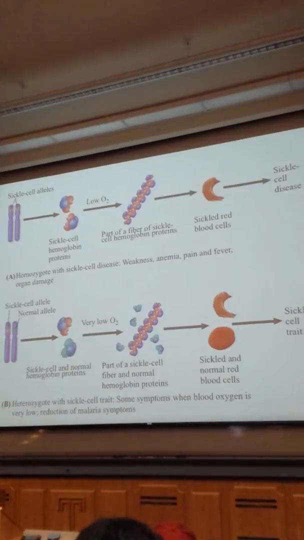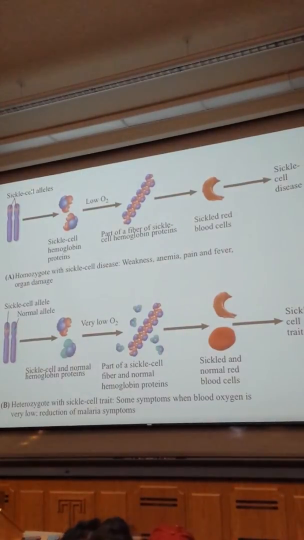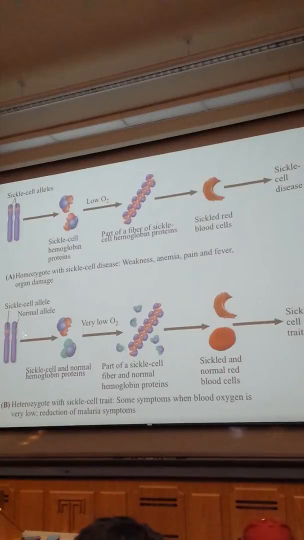Okay. And this is just talking about the effect of sickle cell, how when you have a heterozygote with a normal allele and a sickle cell allele, in individuals who are heterozygotes, you'll have red blood cells that are sickle cell shaped, but at least an equal number or more of the normal red blood cells.